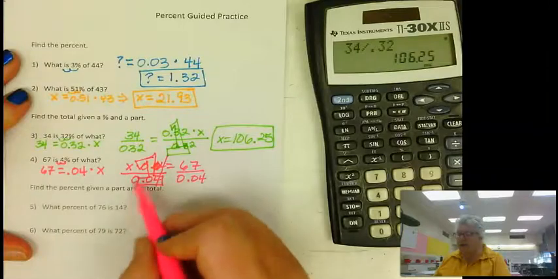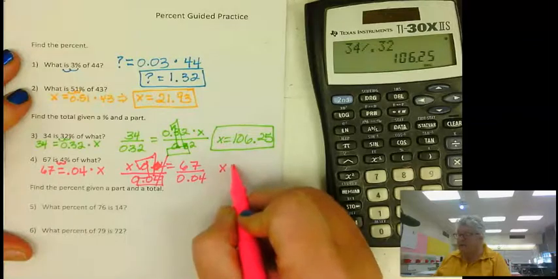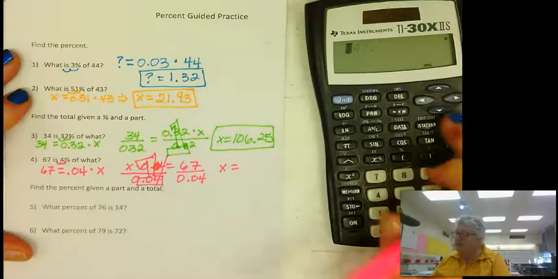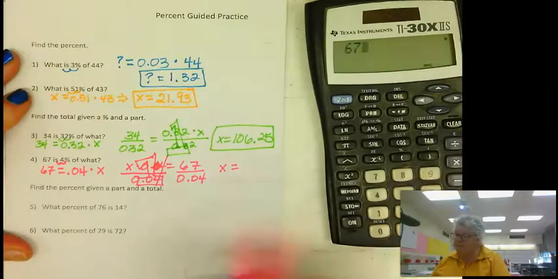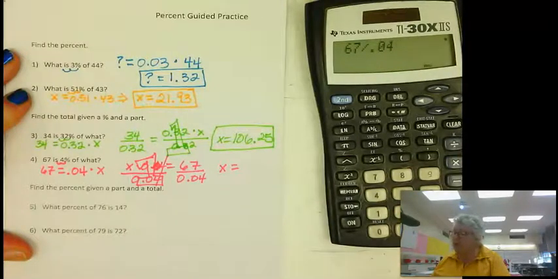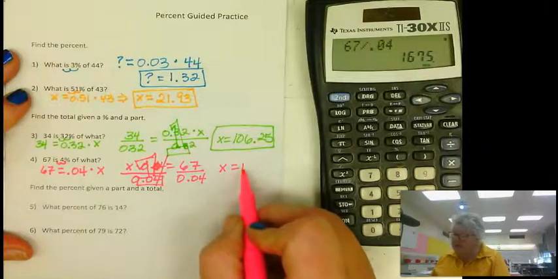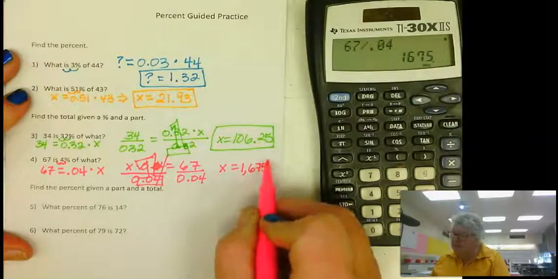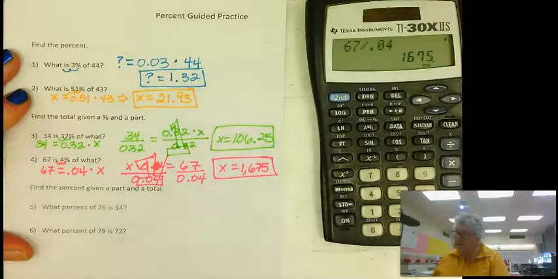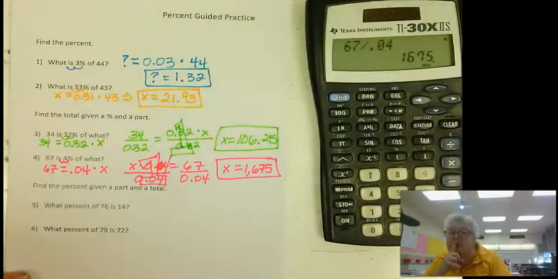All right, so X times 1 is X. So X equals, and now we do 67 divided by 4/100ths, or 4%. And we have 1,675. Aren't you glad I'm not making you do this by hand? I don't know, Miss Armstrong's kids might have to do it by hand, so shh, don't tell.